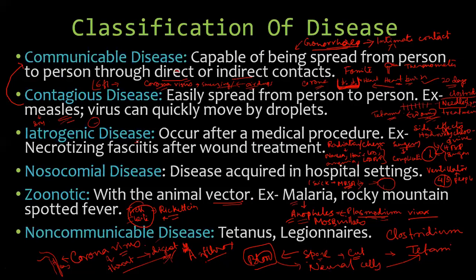They can survive there. Clostridium tetani goes through the cut in the same way. The person who has tetanus, you can touch them, you can drink from the same glass, and nothing will happen, because it has to go through that cut. Any other way, they won't survive. So you are not going to get that disease from any infected person, and that is why this is a non-communicable disease.